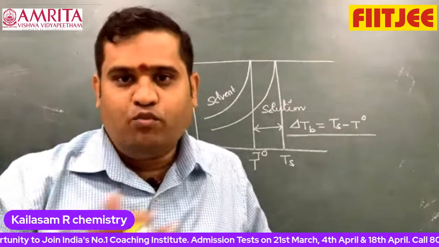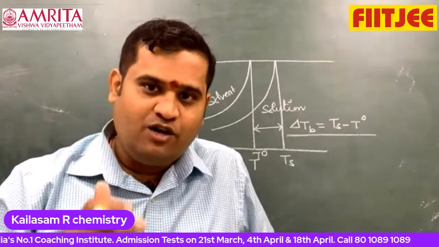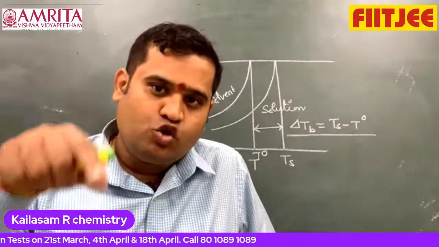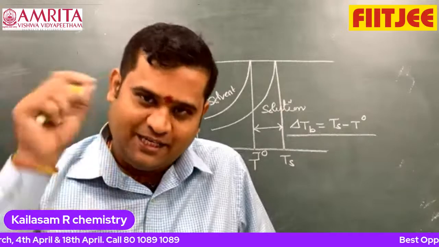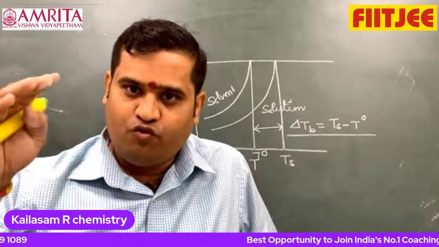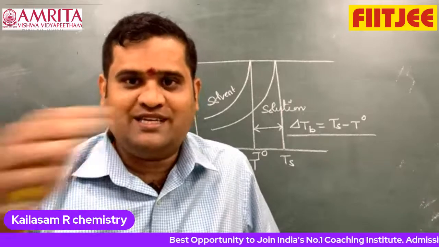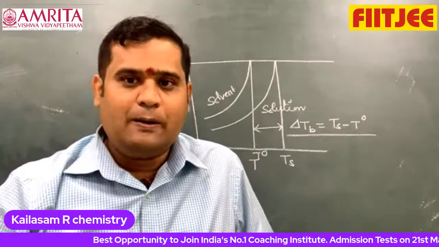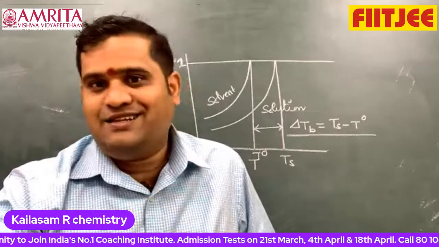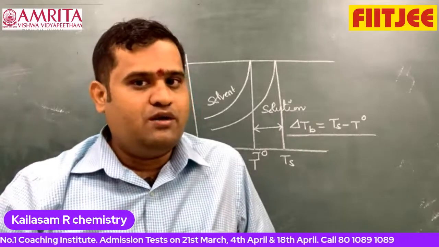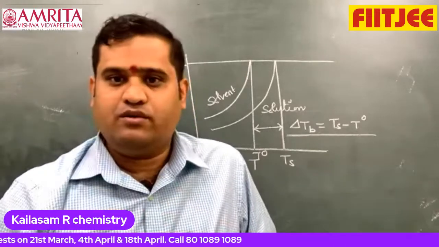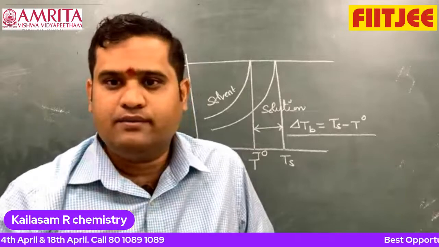Suppose it is a 1 molar sucrose solution; its boiling point is always greater than 100 degrees Celsius. Why? Because the solute present is sucrose, the vapor pressure of the 1 molar sucrose solution is less than that of pure water. Therefore, the boiling point of the 1 molar sucrose solution is higher than that of pure water.